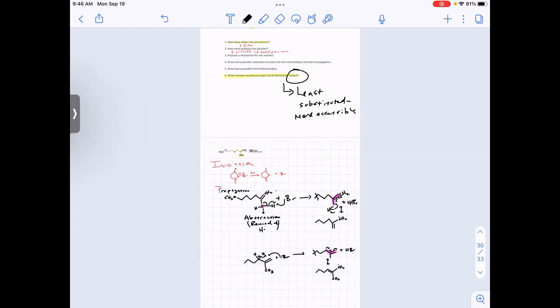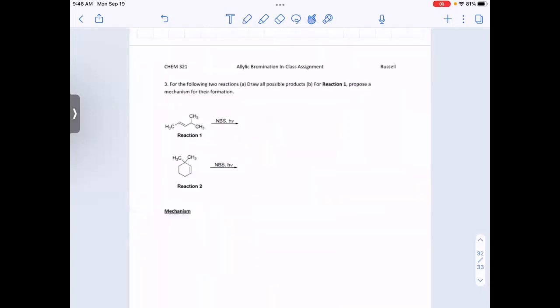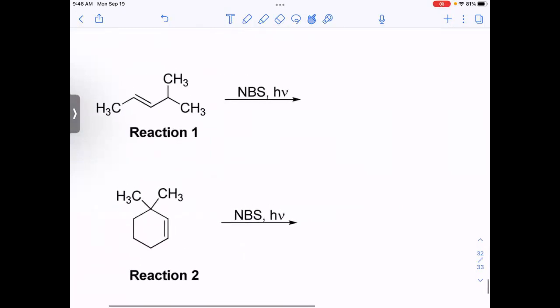All right, questions about allylic bromination? All right, we got about 4 minutes. Let's see what we can do with this example right here. For the following, it says draw all possible products for reaction 1 and propose a mechanism. So without going through the actual mechanism, because we won't have time, we'll do it on Wednesday.